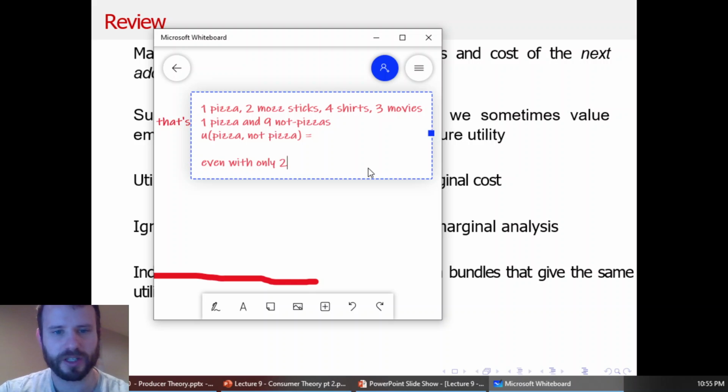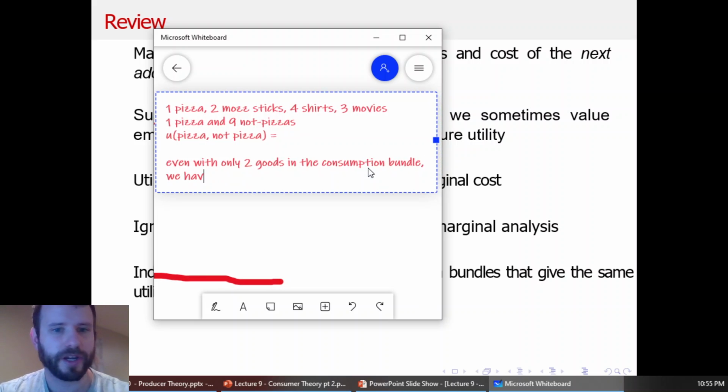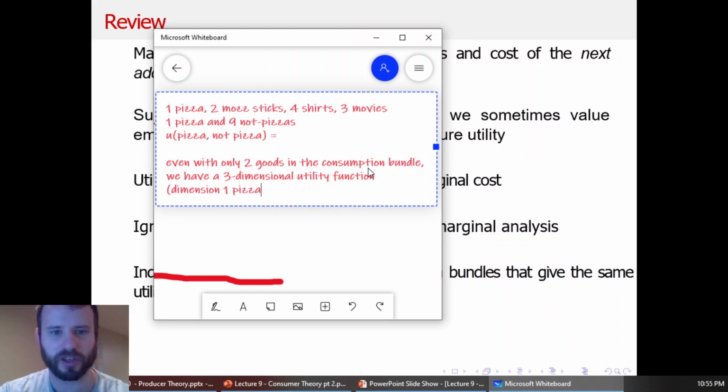Even with only 2 goods in the consumption bundle, we have a 3-dimensional utility function. Dimension 1, pizza. Dimension 2, not pizza.